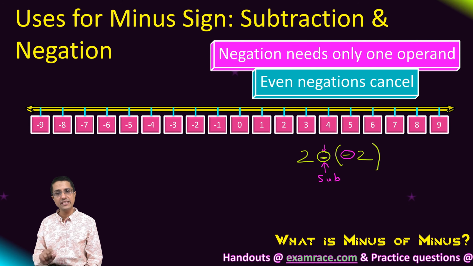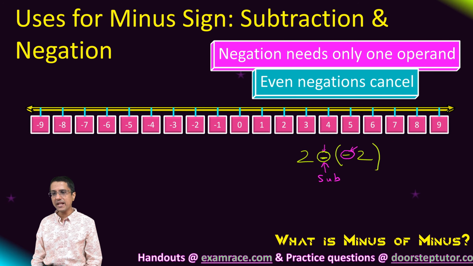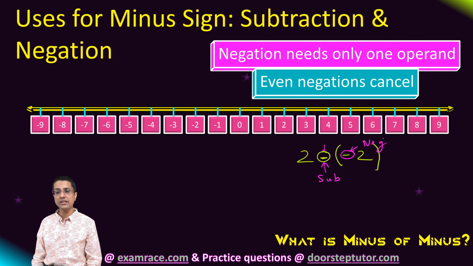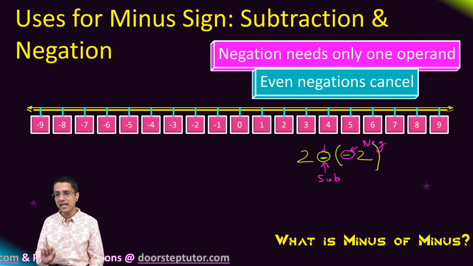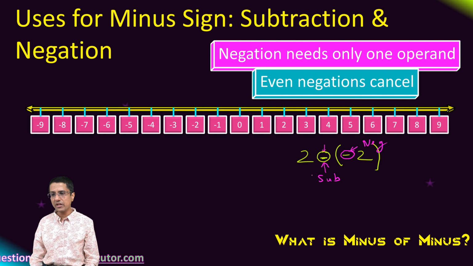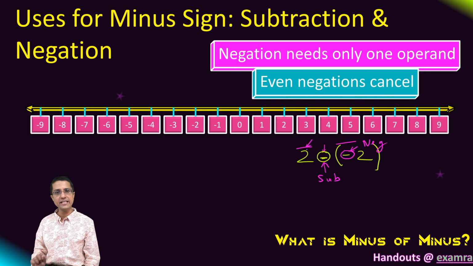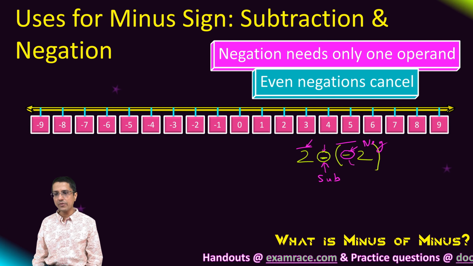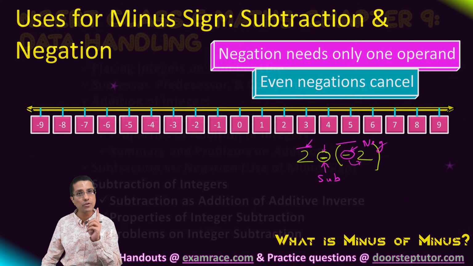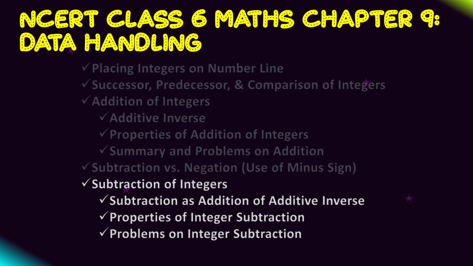This first minus is really a subtraction. The second minus is actually a negation. So you have to be very clear that these two uses of minus are completely distinct. If it's applied on two operands, this is one operand, this is the second operand, then it is subtraction. If it is applied only on one operand, only on one number, then it is negation.